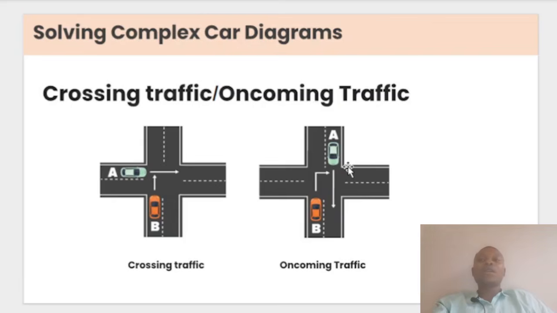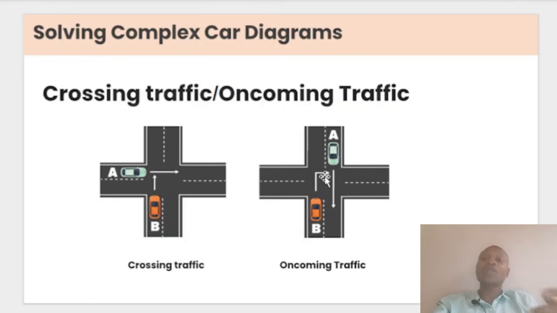Probably you have seen this on the road. If you look clearly, you can see that car B should not be allowed to turn in front of car A. If you haven't seen it, it probably means you're not paying close attention, but you have seen this on the road, I can assure you of that. If car B is to turn here, it has to stop here and wait for car A to pass.